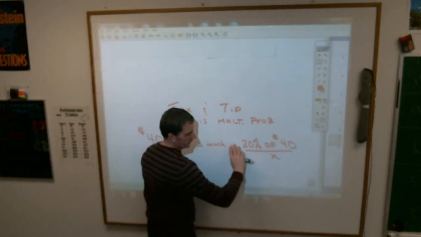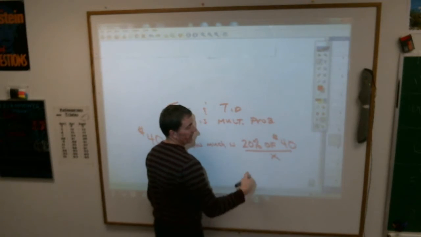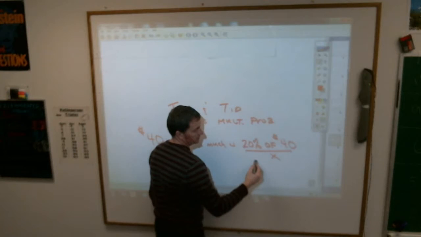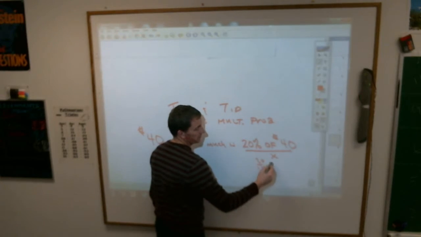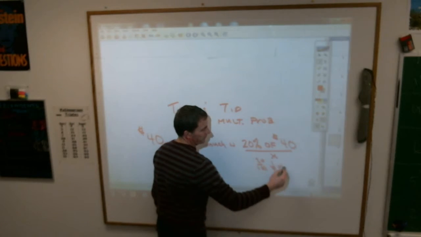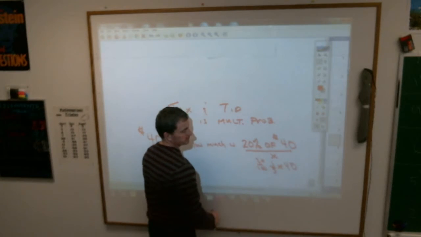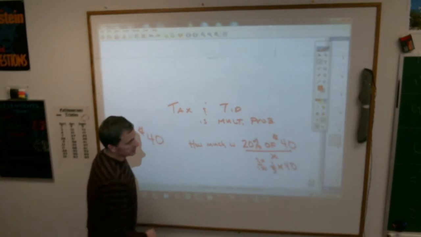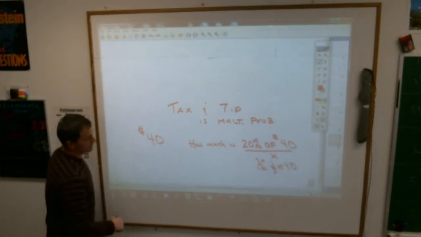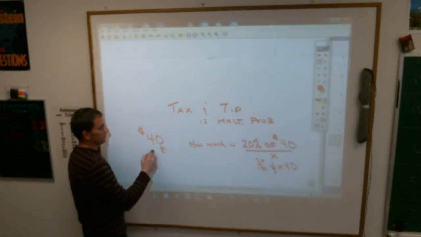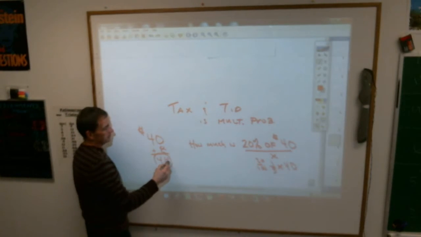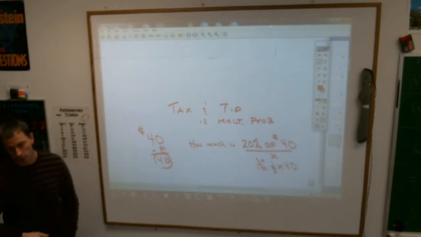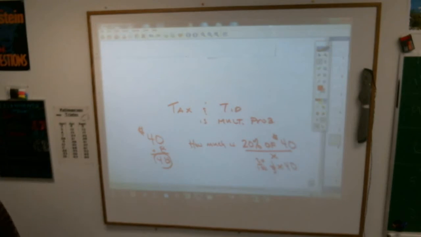And again, it's however you want to do this. 20% as a fraction is, somebody? 20 over 100 reduces to 1/5. What is 1/5 of 40? I know it's tough math. $8. Your tip should be $8. So you should pay the nice little waitress $48, 40 for your food and 8 for the tip. But that wasn't the problem. I just wanted to write that down.